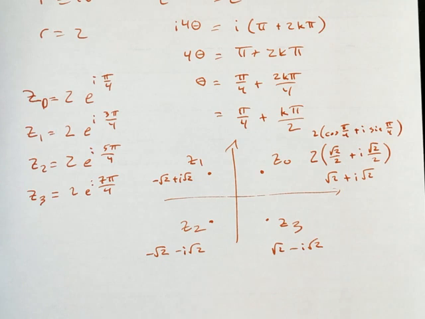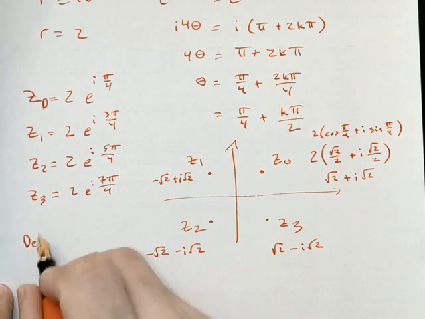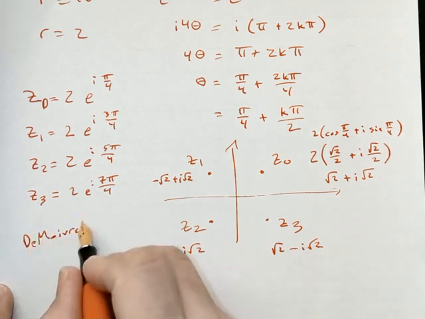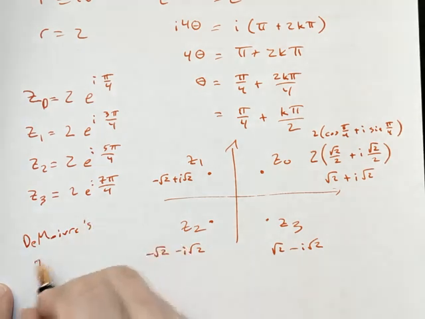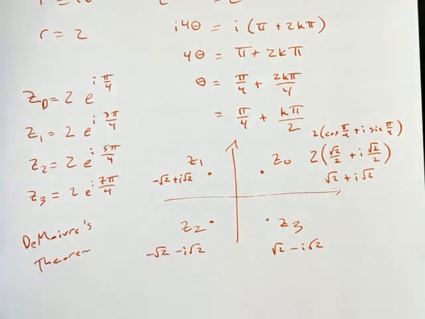In complex numbers, you can find any power or any root this way. As a matter of fact, this method was put together by a gentleman named Abraham de Moivre. It says you have to take the appropriate root of the distance and then divide the angle by that number.